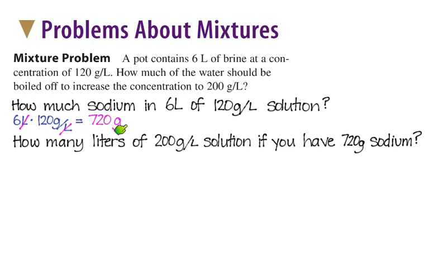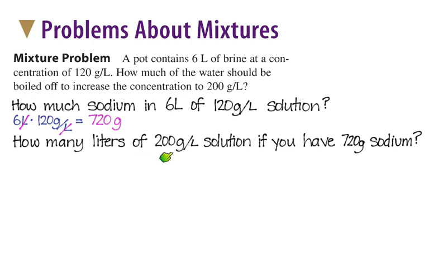We will still have 720 grams of sodium, but we will have less water. If you have less water, it's increasing the concentration. It's going to become saltier water. If you tasted it, it would taste saltier, because you have less water for the amount of sodium.